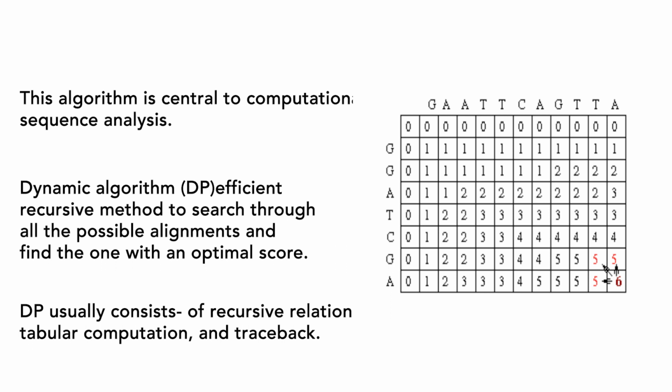As you can see in the table, there are two sequences, source and target, and there is a matrix, where the first row and the first column are called the 0th row and 0th column. There are some values you can see, and at the last cell there is a value which is the alignment score.